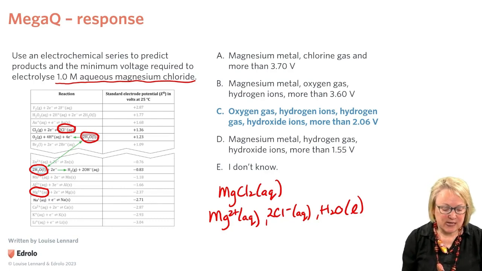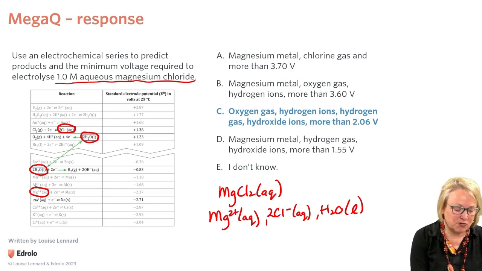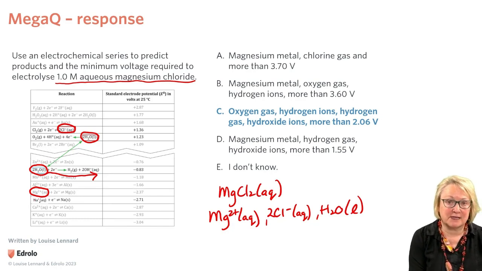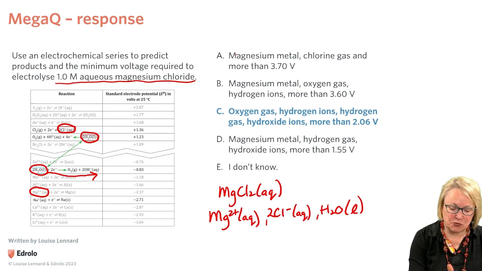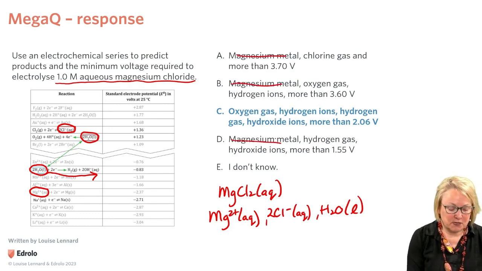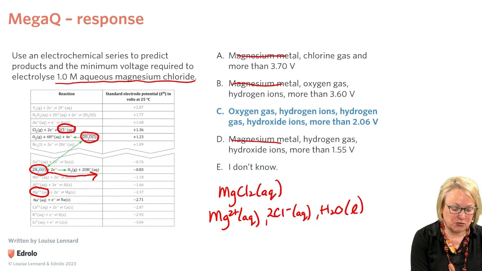Now we can see that because water is a stronger oxidizing agent than magnesium, the water is going to be reduced in preference to the magnesium. So we're not going to produce magnesium metal at all. And if we have a look, water is the strongest reducing agent as well. So we're not going to produce chlorine gas.